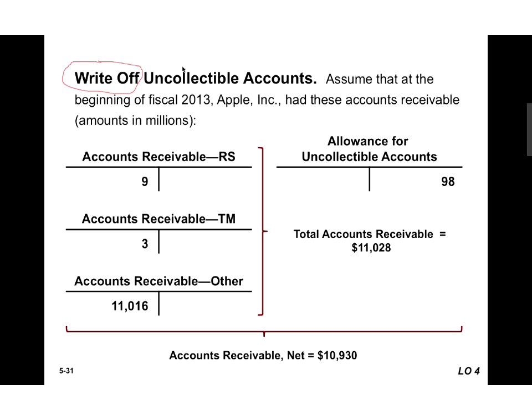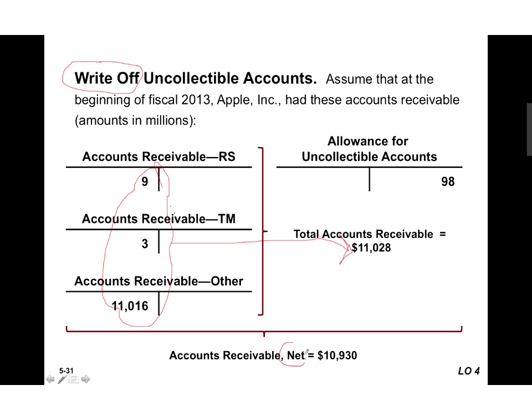Those are the general ledger accounts, and our total accounts receivable is 11,028. Where we get the 11,028 is important for the terminology. We take the 9, the 3, and the 11,016, and add all of those up, and that gives us the total accounts receivable.